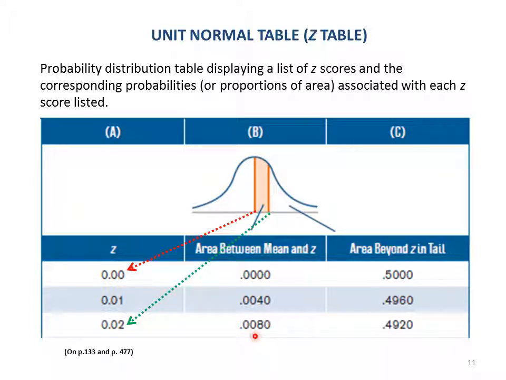And if you add 0.0080 and 0.4920, you have 0.5, and that's 50%. It's half of the area under the curve. If you want to find out the probability of getting a score smaller than 0.02, what do you do?